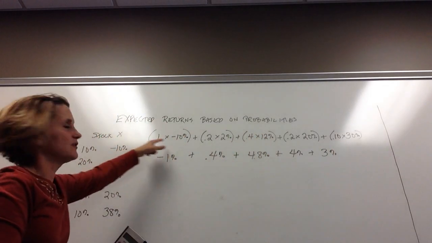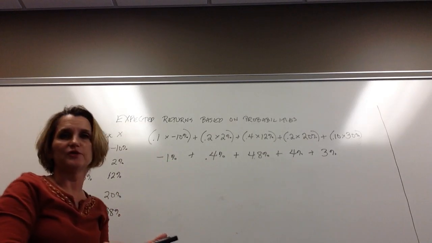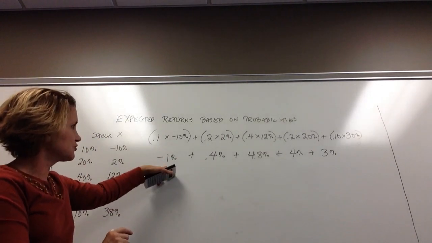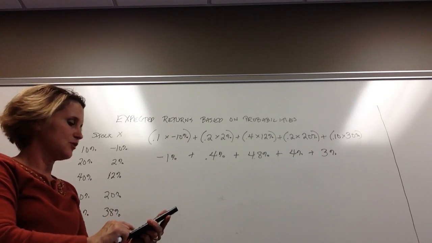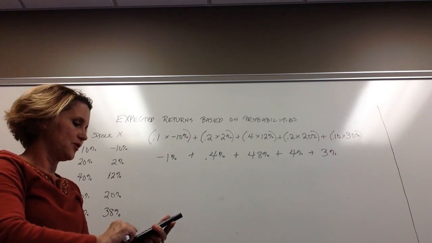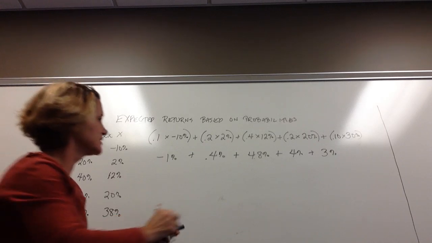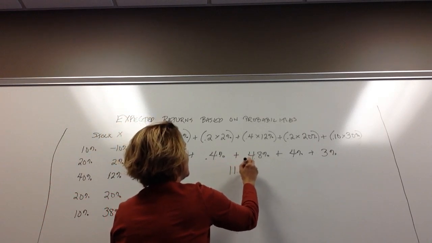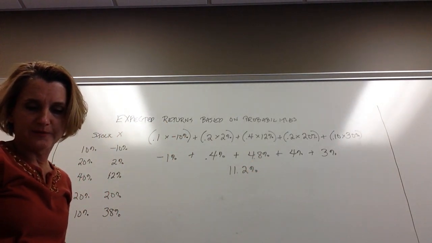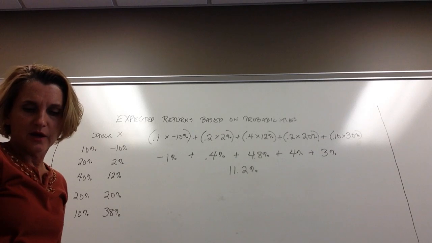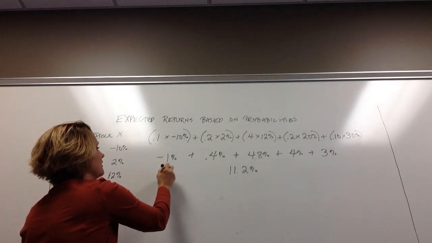I just did the math as you see it and carried the percents down. Then you sum those up, but remember this first one's a negative. So a negative 1 plus 0.4 plus 4.8 plus 4 plus 3 gives us 11.2. So we would have an expected rate of return of 11.2%.